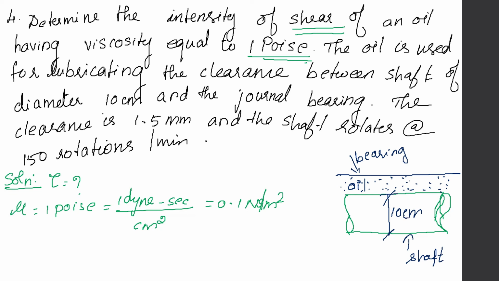Now, the clearance is 1.5 mm. That is, the clearance between the shaft and the bearing is 1.5 mm. That means this distance between the shaft and the bearing is called the clearance. So this is dy is equal to 1.5 mm. And the shaft rotates at 150 rotations per minute. That is nothing but your velocity. So velocity is given as rotations per minute, so you have to convert this to tangential speed of the shaft.